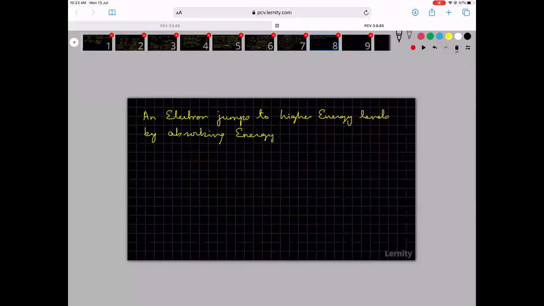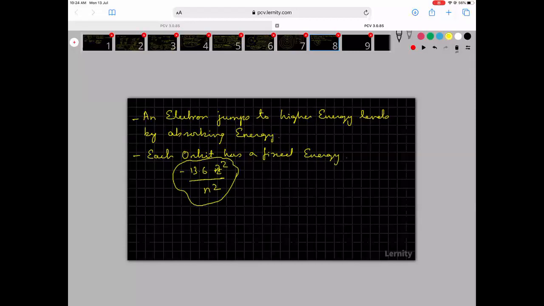Not just that, even before that, he said that each orbit has a fixed energy. How much is that fixed energy? Minus 13.6 Z squared by N squared. So we are slowly now getting what it is. Now, because he was able to tell energy, people accepted his postulate as to why it is not releasing. So it is one step closer to the actual thing.